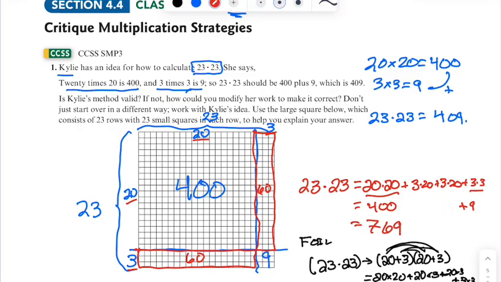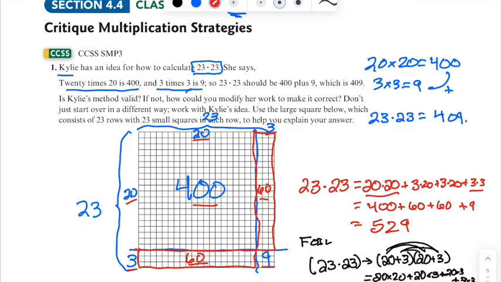Those should be plus 60, plus 60, because the total number of squares should be 400 plus 60 plus 60 plus 9. So that's 400, 460, 520, 529. And now that looks a lot closer to what I thought the answer should be. I'll share that my gut was like, man, that number seems pretty high.